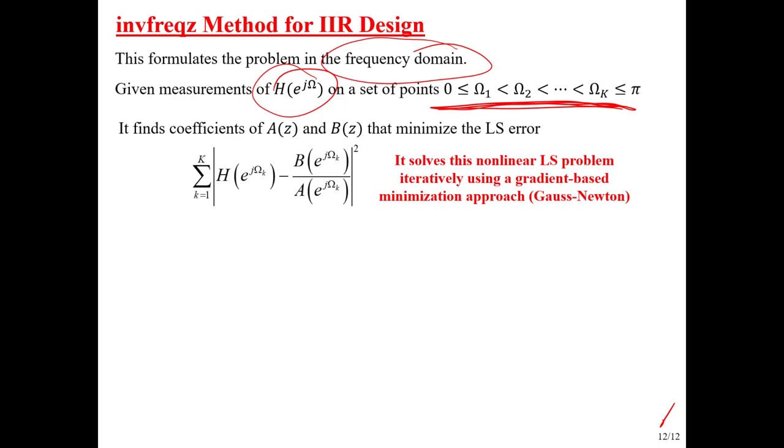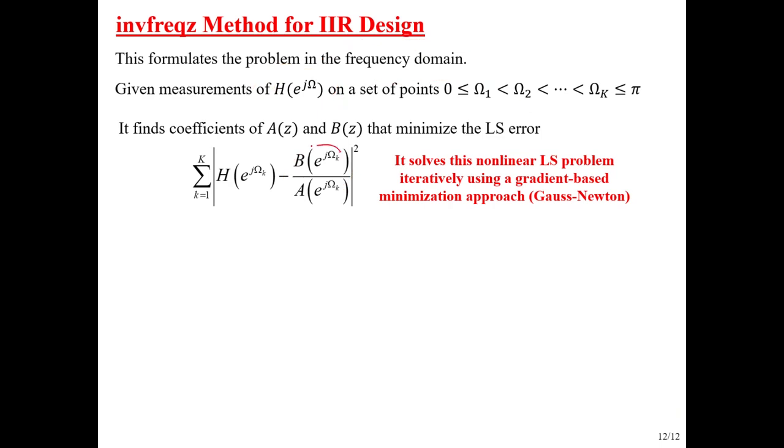So now instead of doing it in terms of impulse responses, this would be perhaps DFT values of our measured impulse response. And this would be the frequency response of the model polynomials evaluated in the frequency domain. But we are really getting those by adjusting the little b's and the little a's.